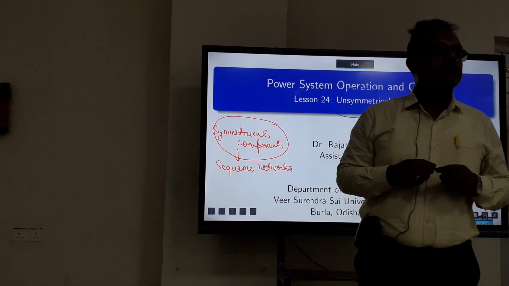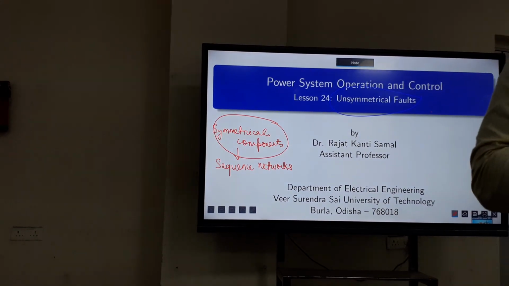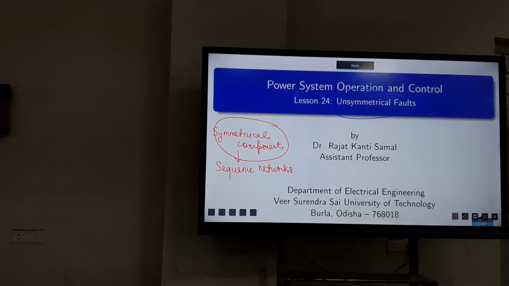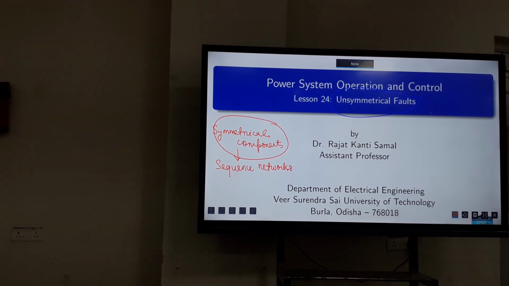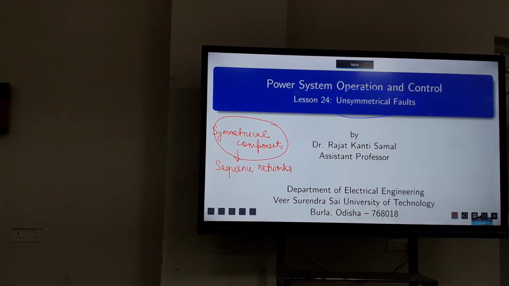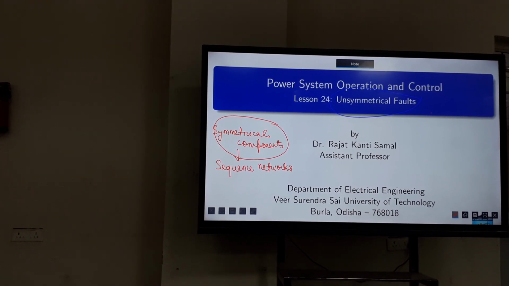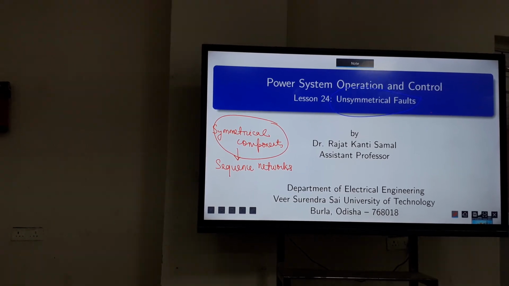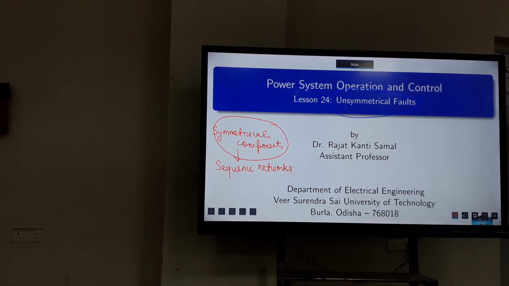It says that, as we discussed in that class, any voltage or current, or in fact any vector quantity, can be considered to be a summation of a positive sequence, a negative sequence and a zero sequence. Okay? So any balanced system also can be converted into a positive sequence, negative sequence as well as zero sequence.